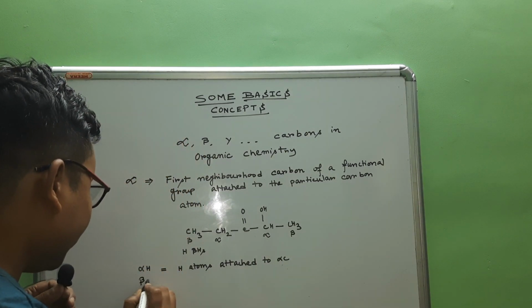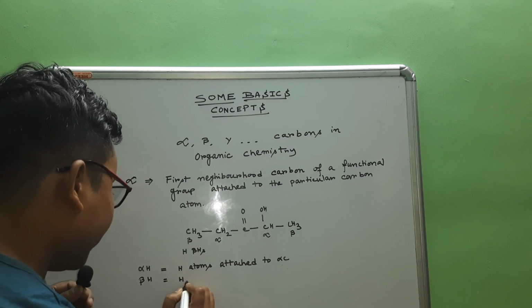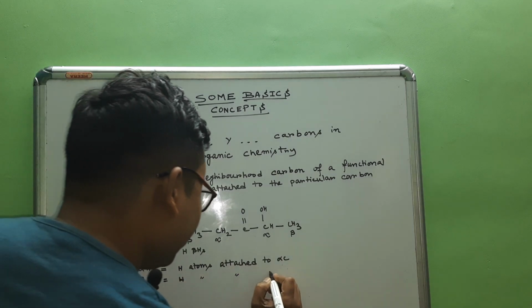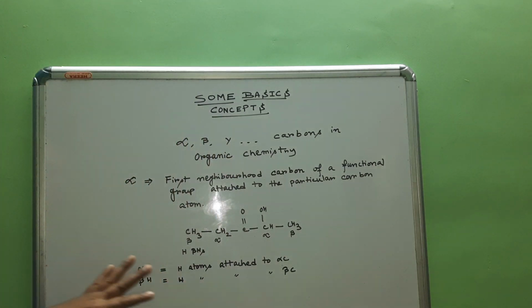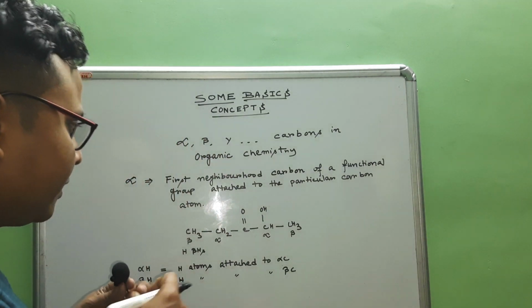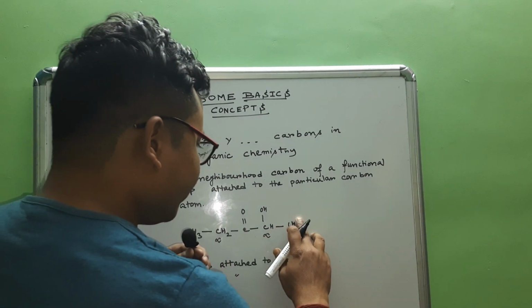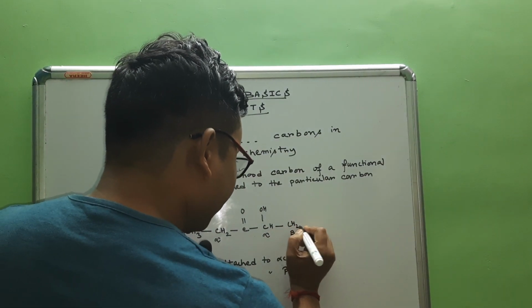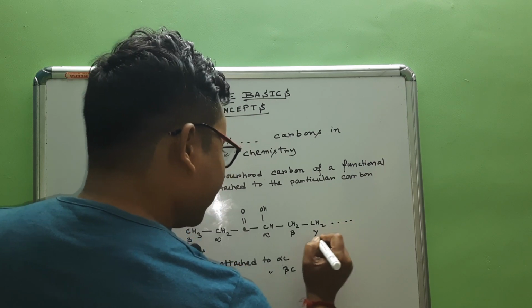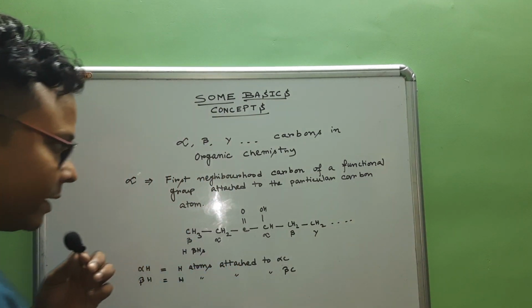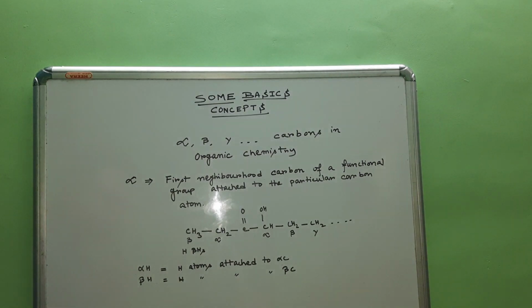And what are the beta hydrogens? Hydrogen atoms attached to beta carbon. Okay, so this is the basic thing. And if there are many other carbon atoms beyond beta like this, this is called gamma, etc., and then delta.